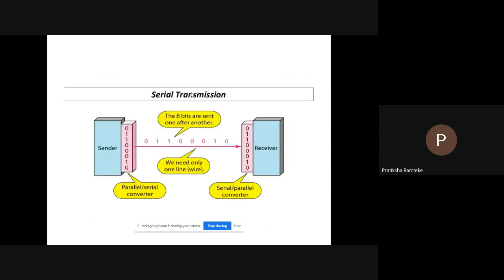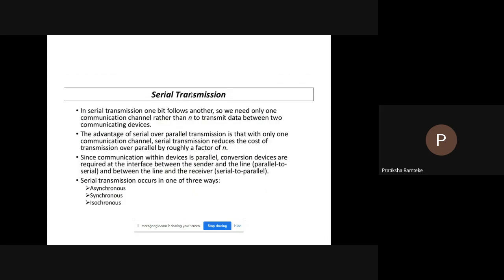In serial transmission, we use only one communication channel for transferring the data from sender to receiver. So we need only one communication channel rather than n to transmit data between two communicating devices. The advantage of serial over parallel transmission is that with only one communication channel, serial transmission reduces the cost of transmission over parallel by roughly a factor of n.